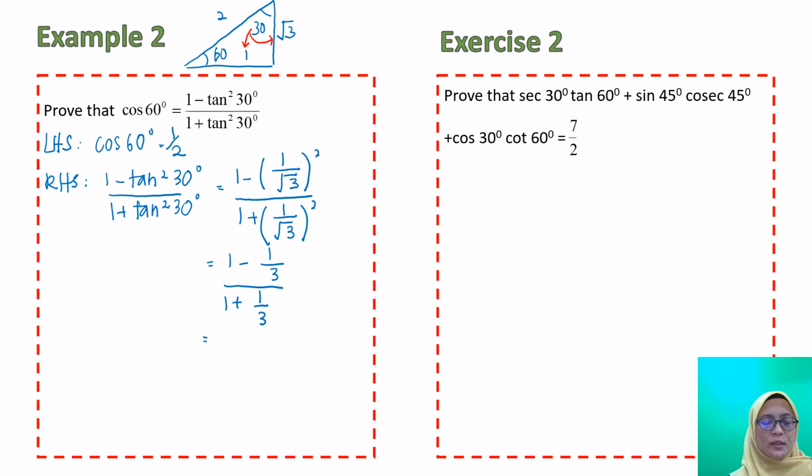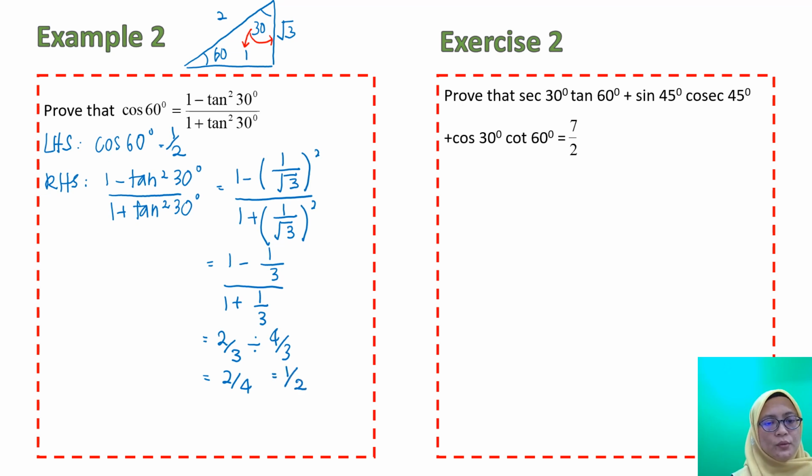So yang atas tu kita simplify, kita akan dapat 2 over 3 divide by denominator kita akan dapat 4 over 3. So kita akan dapat last one simplify dapat 2 over 4 or 1 over 2.